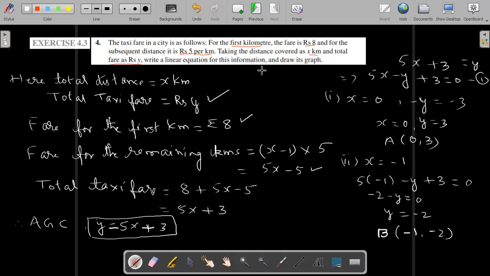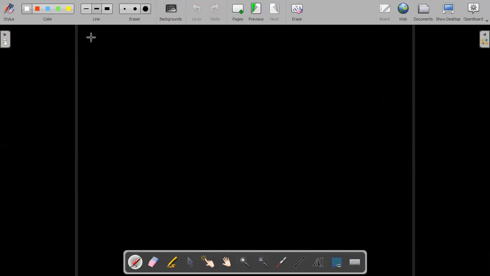Actually, you need to bring 3 points. So the third point also: 5x minus y plus 3 is equal to 0. If we take x is equal to minus 2, this will become 5 into minus 2 minus y plus 3 is equal to 0.